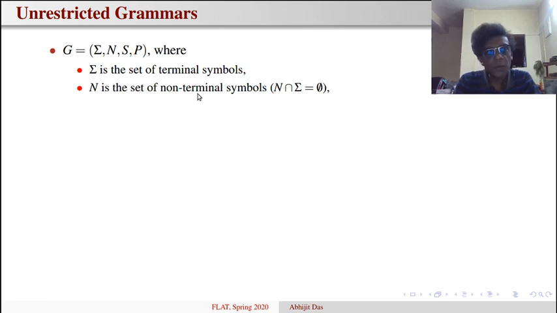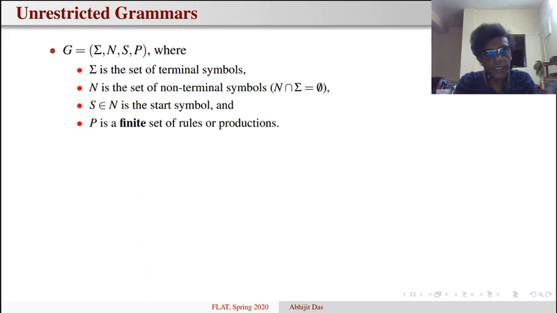S is a distinguished member of N, a non-terminal symbol called the start symbol. And finally, a set of rules or productions P. Of course, it cannot consist of an infinite set of rules, only a finite collection of rules, also called productions.